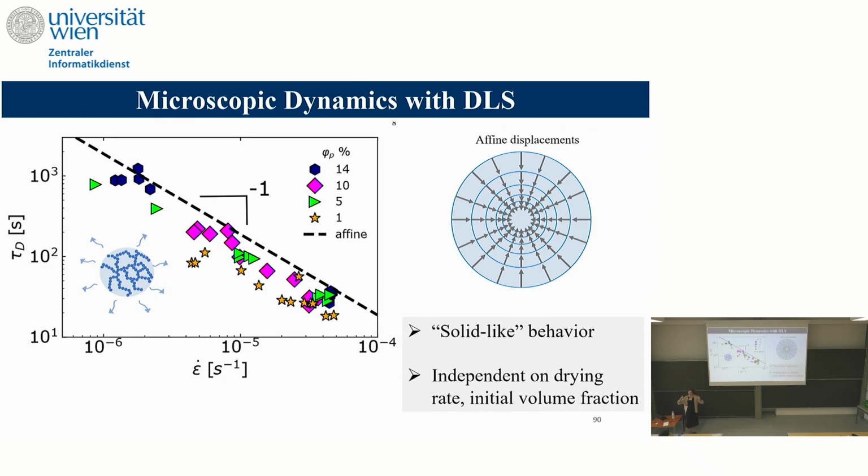It's what you expect if you have an affine compression, meaning that you have something that shrinks this way, like would do a perfect elastic body, okay? And basically, you have something slightly lower than this prediction of affine motion, but it seems independent of the drying rate and the initial volume fraction.